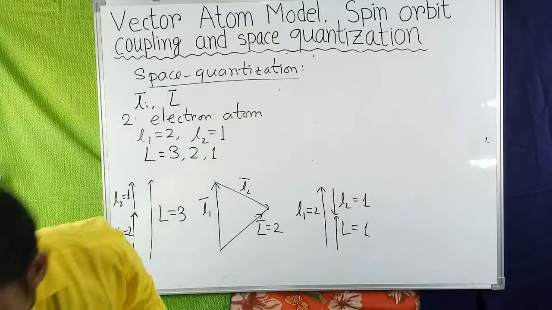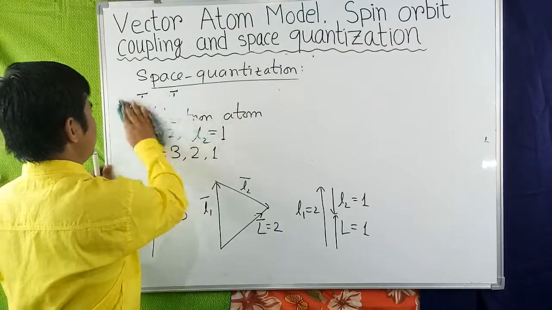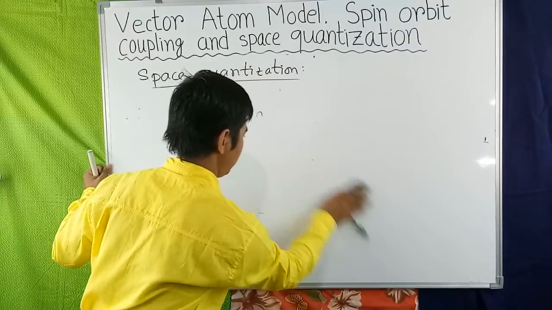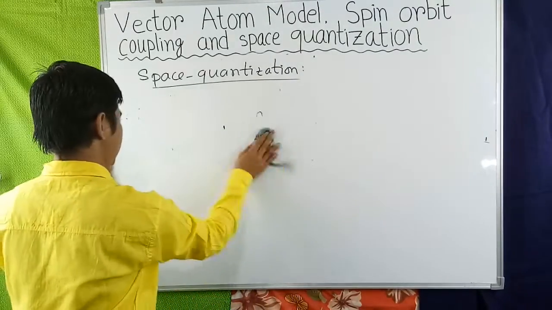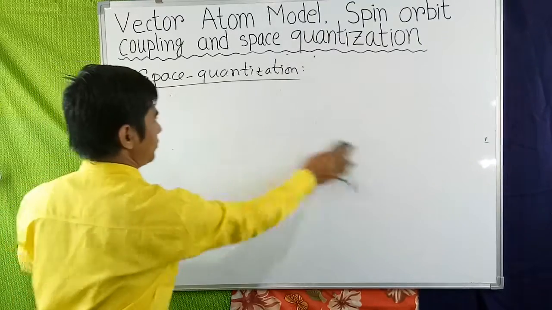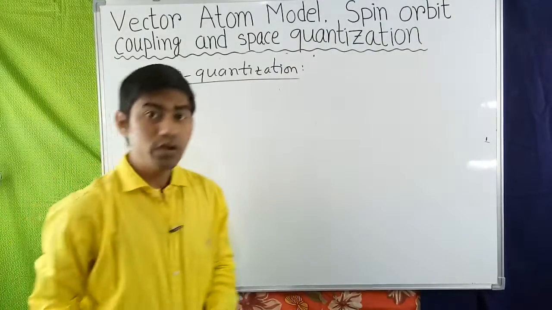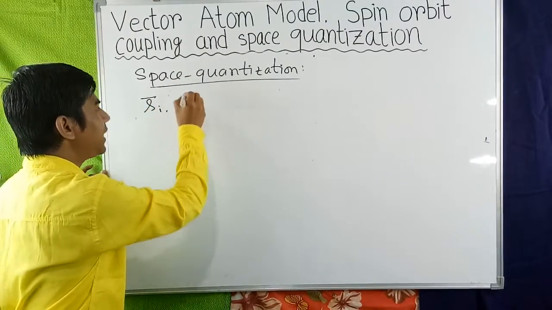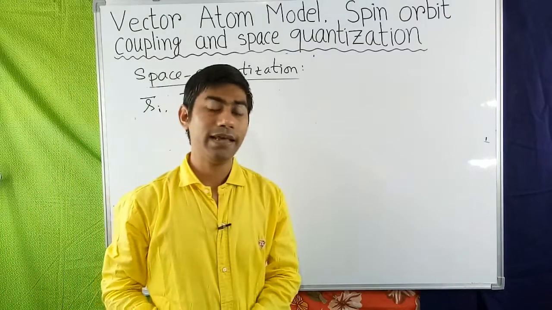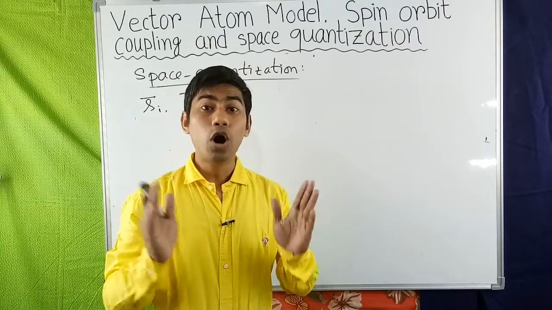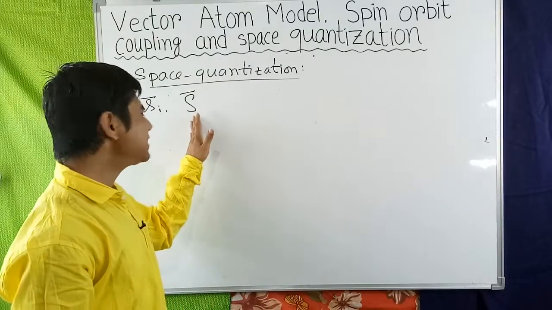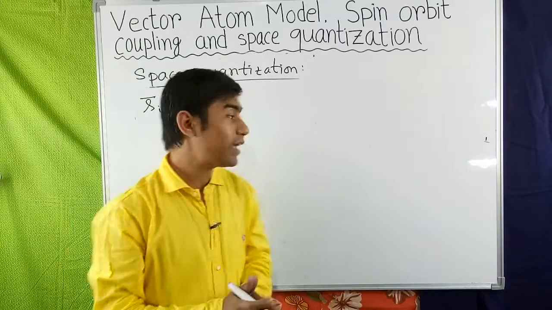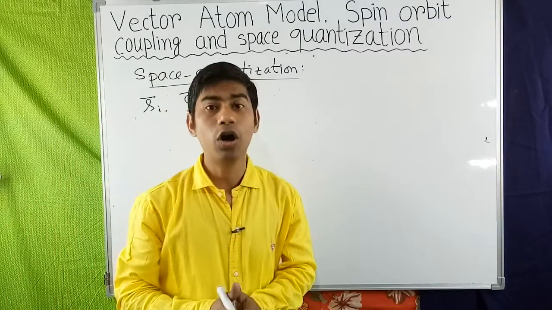Now in the addition of Si, they are either parallel or anti-parallel, such that in case of odd number of electrons, S is half integral, and in case of even number of electrons, S is either 0 or positive integer.